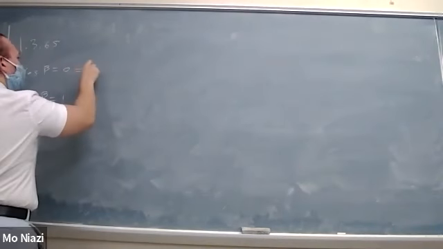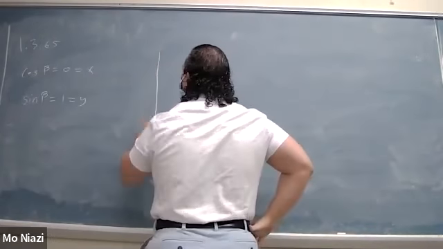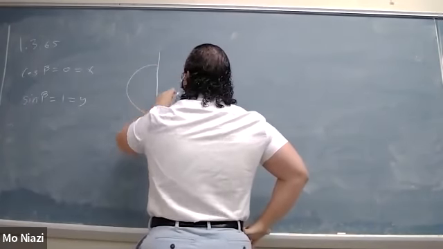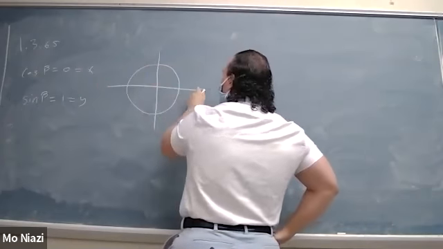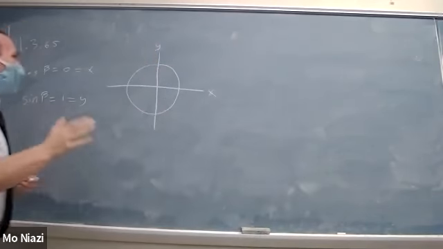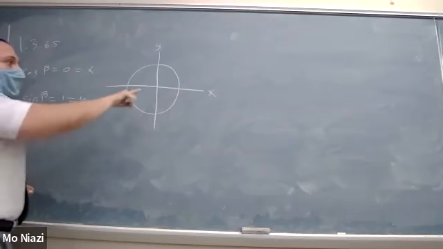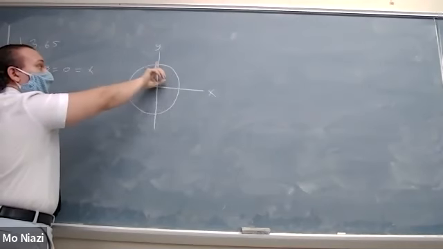This is the x value, and this is the y value. So at what angle is x 0 and y 1? 90?